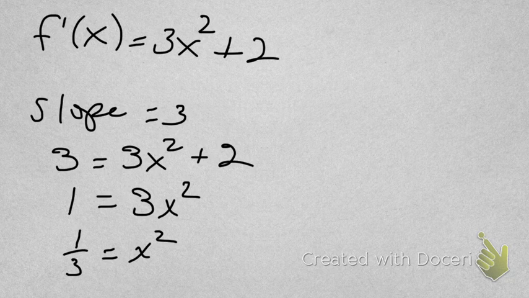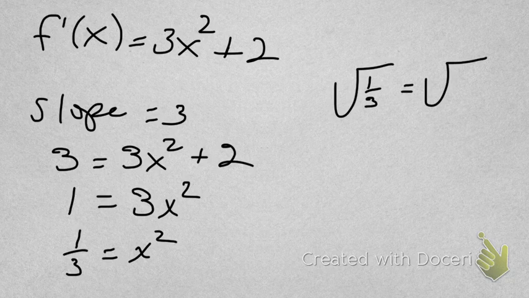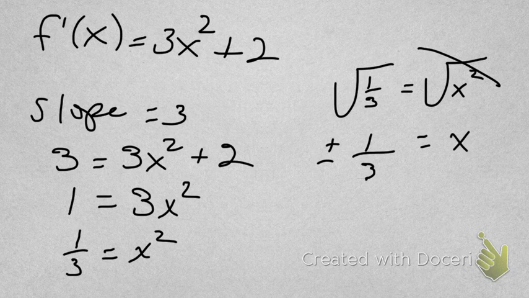We'll reverse the square, and you know how. We take the square root of both sides. So when I take the square root of both sides, x is going to be a positive or a negative. The square root of 1 is 1. The square root of 3, well, that's not a perfect square, so it has to stay.